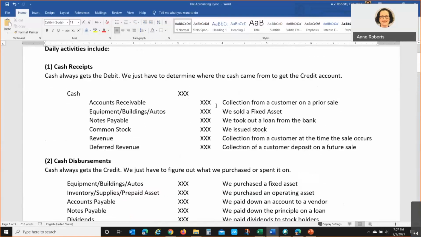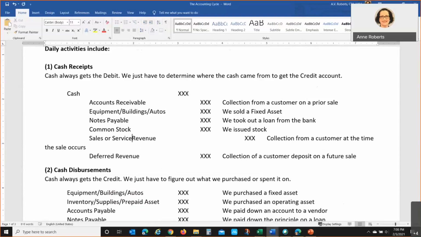Now, if we provide services and they immediately pay cash for those services, we're up here under number 1. We would record revenue, and we would record cash. And actually, this could be sales or service revenue, if that helps.